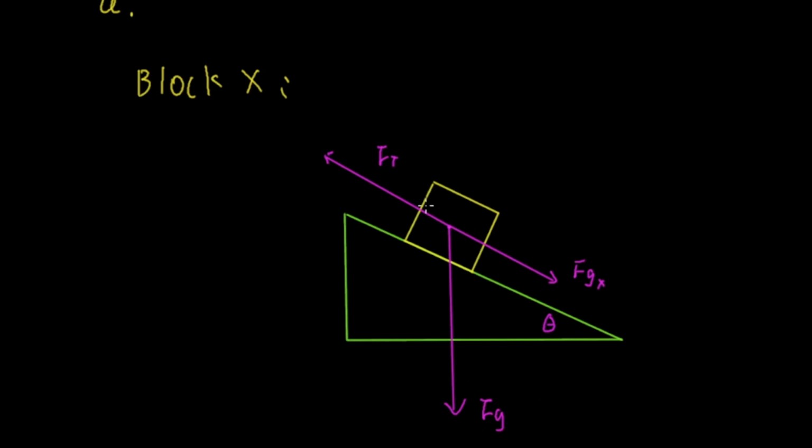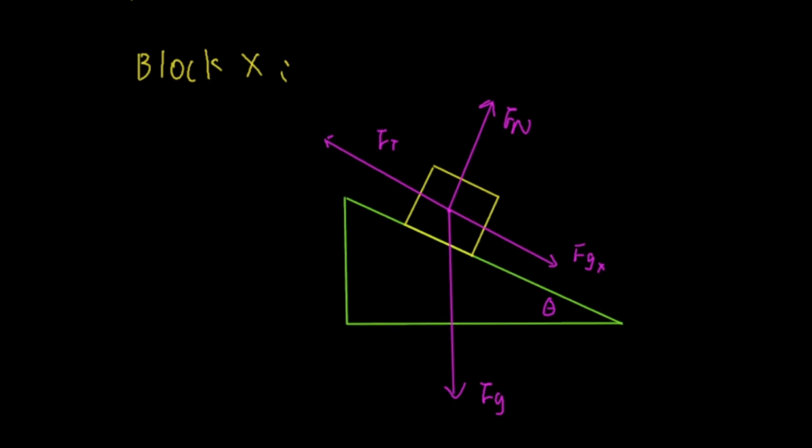Since block X is on top of the incline or the ramp, there's a normal force exerted on block X by the incline. Call this Fn.